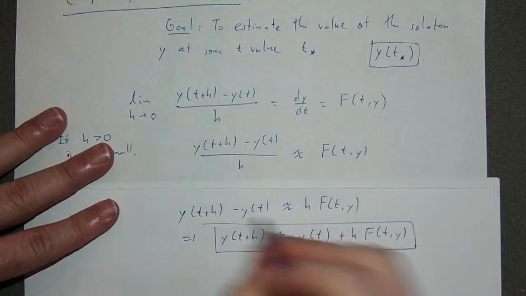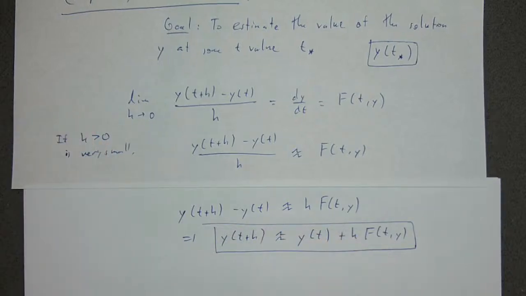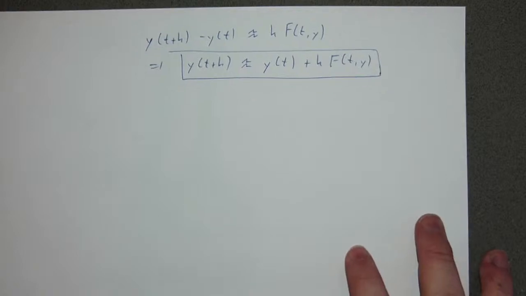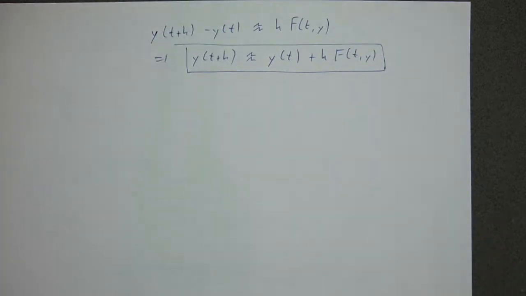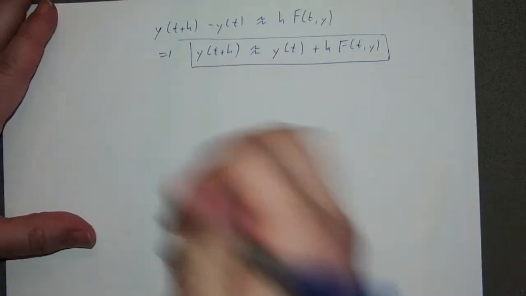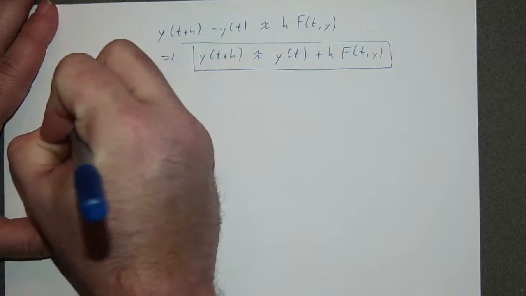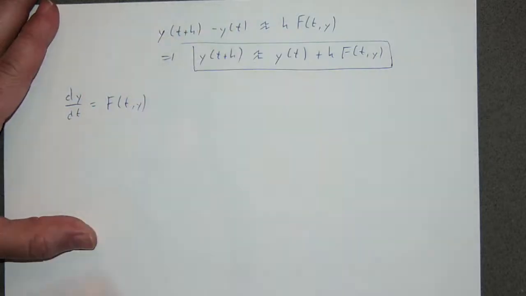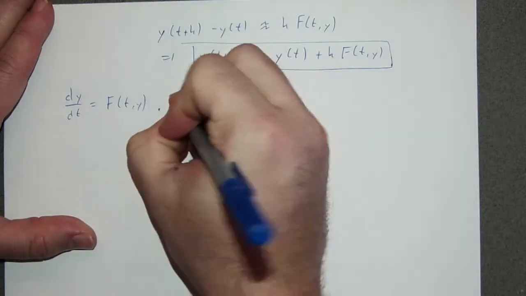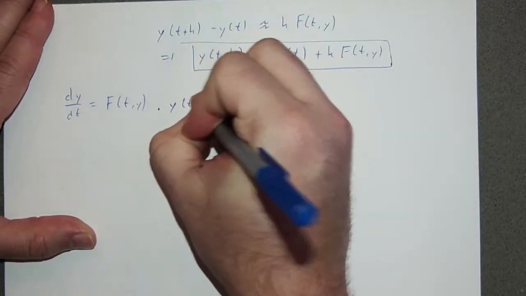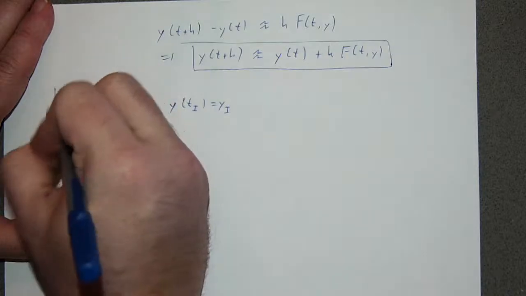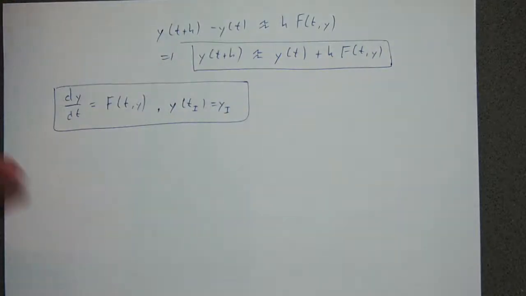This actually does it. This tells me what is going on here. So let me rewrite my equation. My equation is dy/dt is some big F(t, y). That's my differential equation. My initial condition is y(t_I) = y_I.